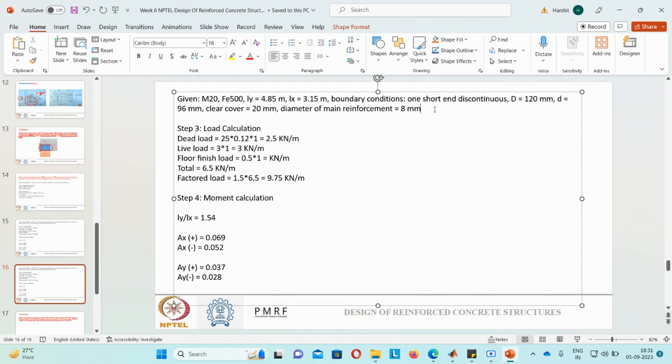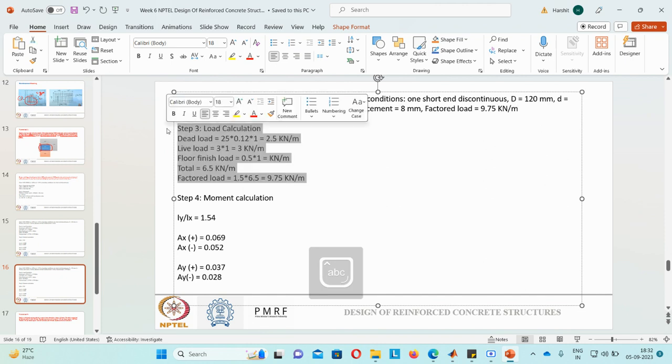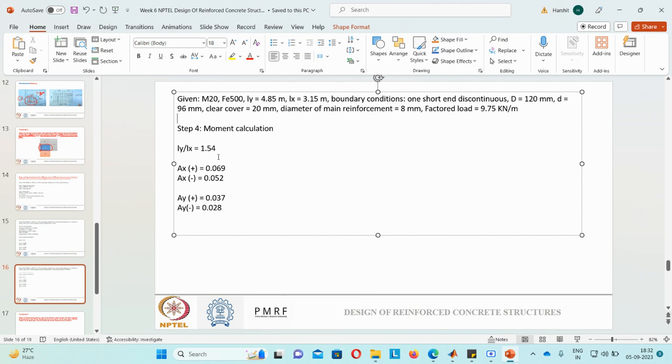Okay, so I will just update here. Factored load is 9.75 kilonewton per meter. Okay, so we'll do the moment calculation now. So we know alpha x, alpha y, and everything.